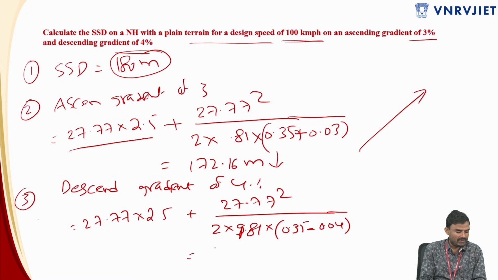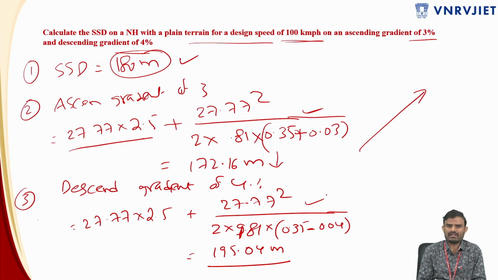So this value is going to be increased to 195.04 meters, approximately 15 meters more than the level road condition. So this is the effect of an ascending gradient and the effect of a descending gradient.